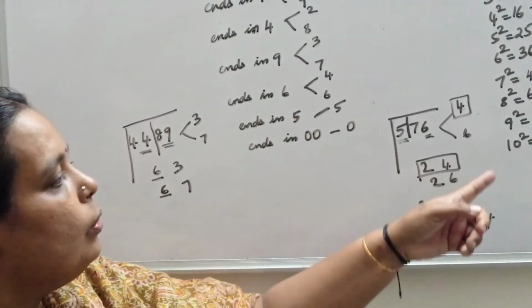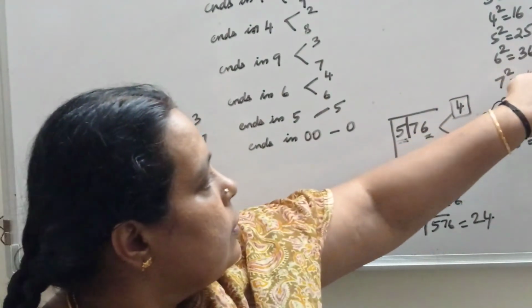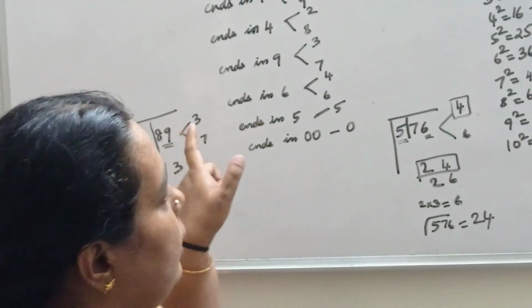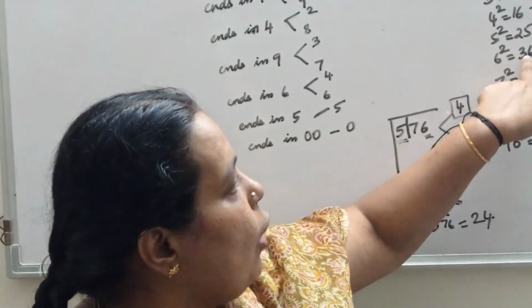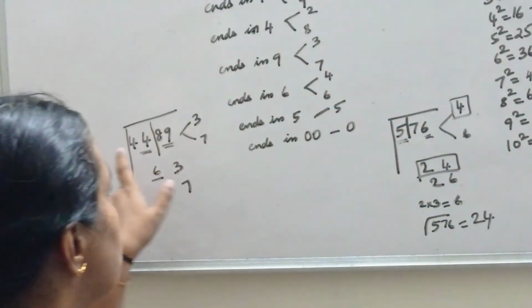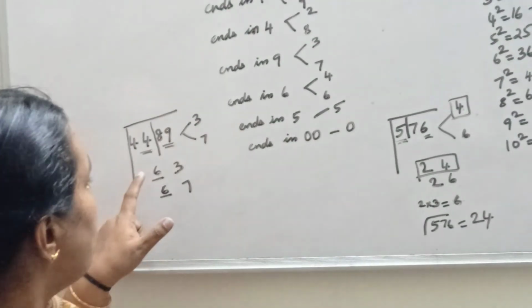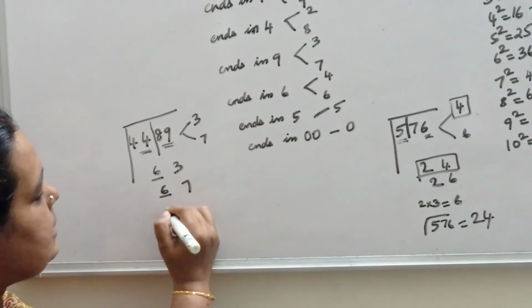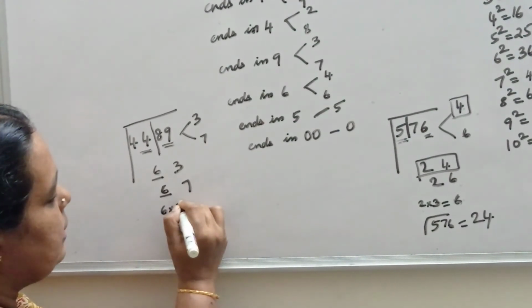In which range does 44 fall? It falls in the range of 36 to 48. So we must consider 6. So either 63 or 67. Again in this case, multiply 6 with the next consecutive number, that is 7.